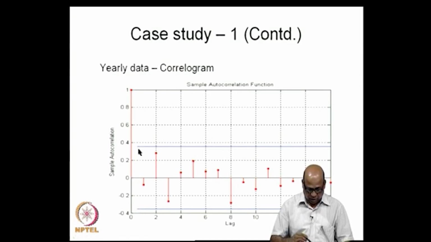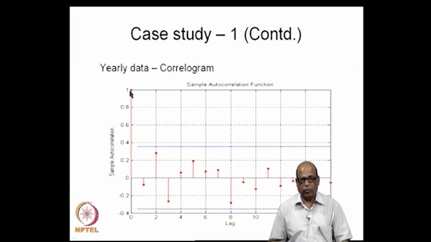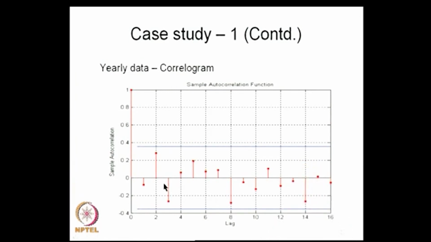So, you are getting a larger and larger insignificance band, which means that if the correlations lie within this band, then they are all insignificant. As you can see, all the correlations for the annual rainfall data are statistically insignificant. We leave out the lag 0 correlation because that is always 1. All other remaining correlations are insignificant.